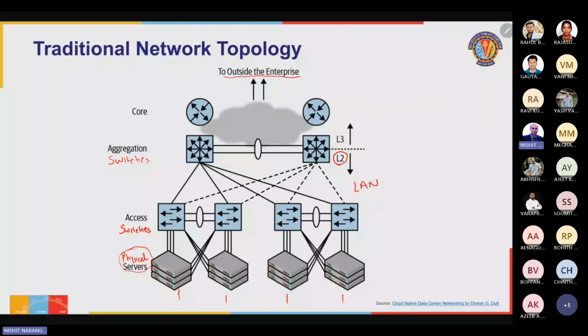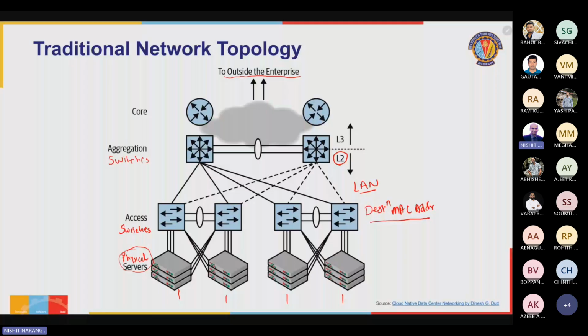And as we discussed earlier, whenever your traffic goes out of the local area network into a wide area network, you have to rely on layer 3 routing technologies to forward or route that traffic towards the destination. The internet forwards traffic based on layer 3 protocols, the routing protocols. That's what we've learned in our first 5 or 6 classes in this course.